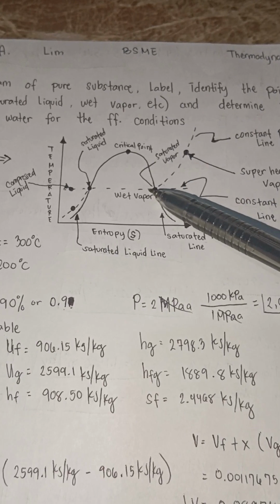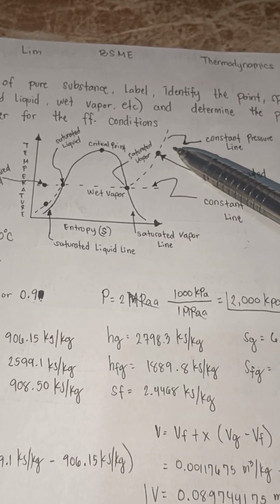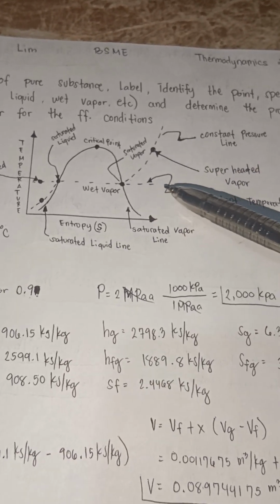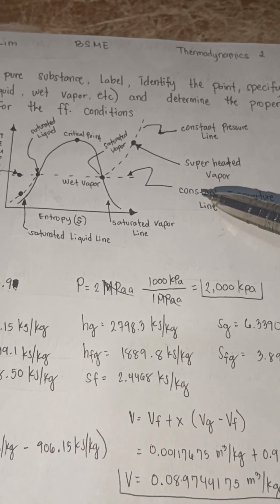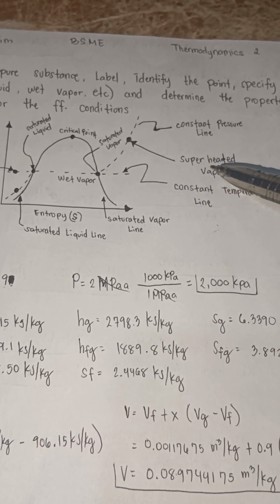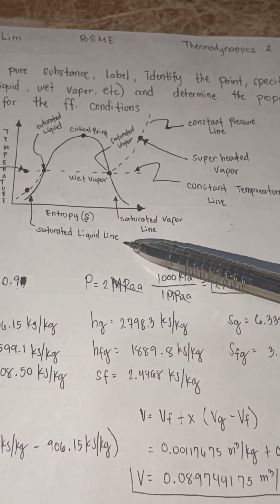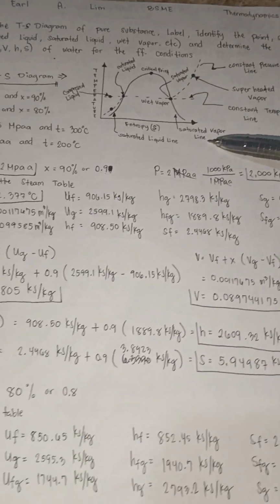The saturated vapor is here. The constant pressure line, the broken line going to the top, and this broken line is called the constant temperature line. Here is the superheated vapor on the right side, past the saturated vapor line.